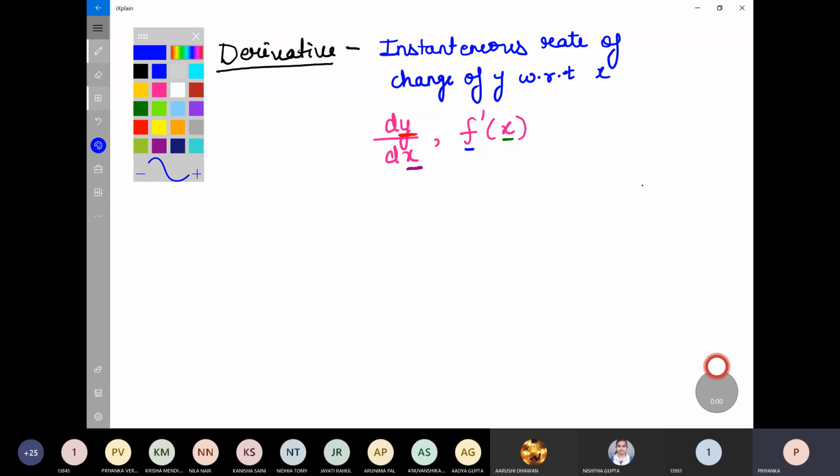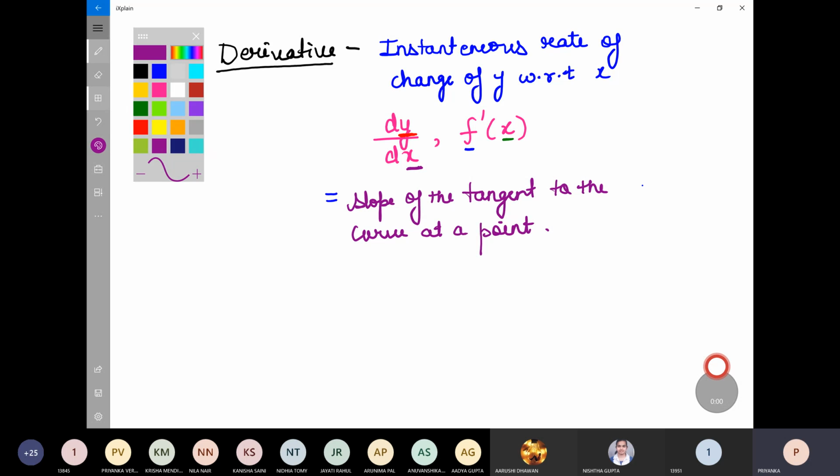And also अगर इसको graphically आप समझना चाहो, so it is the क्या होता है? Slope of the tangent to the curve at a particular point. Right? यही देखा हमने सबसे पहले.